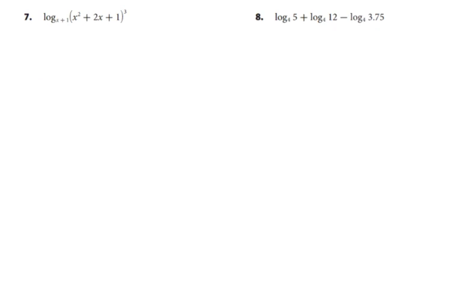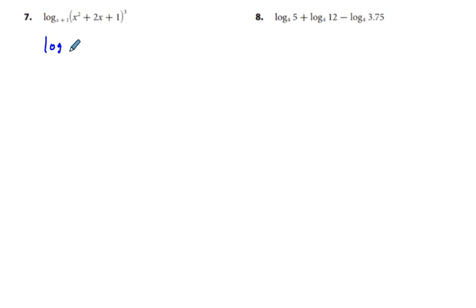Next, number 7. We have log base x plus 1 of this expression here to the 3rd power. And so let's go ahead and see if we can simplify that. I'm just going to rewrite this here.